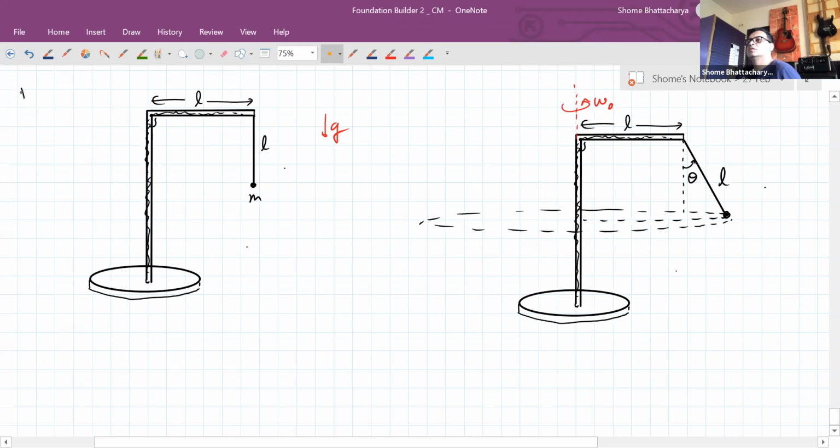So this structure is now rotating at uniform angular speed, omega naught, as shown.